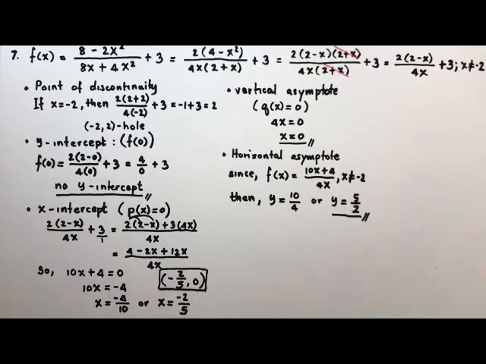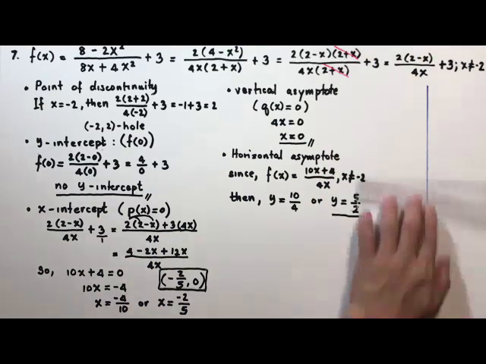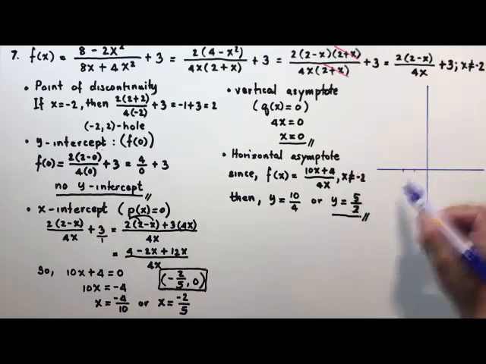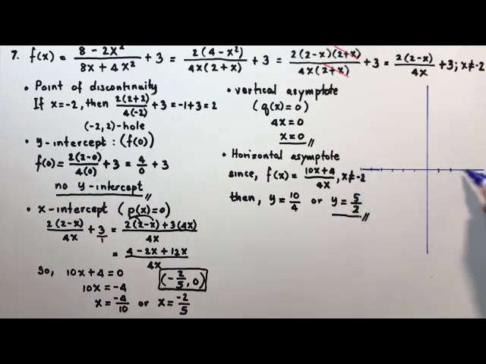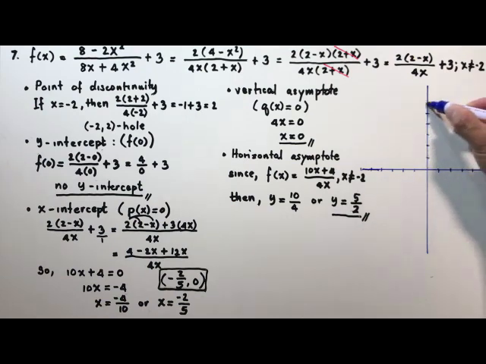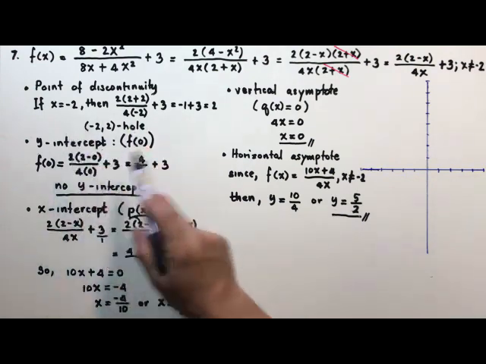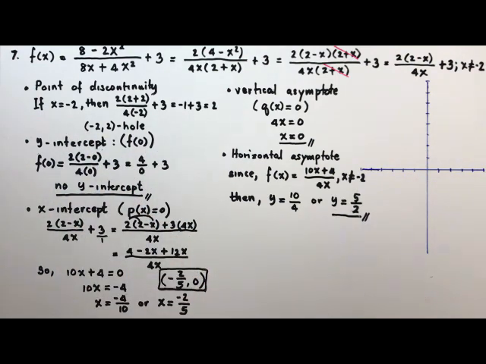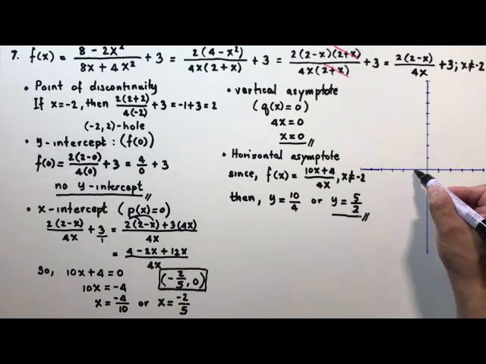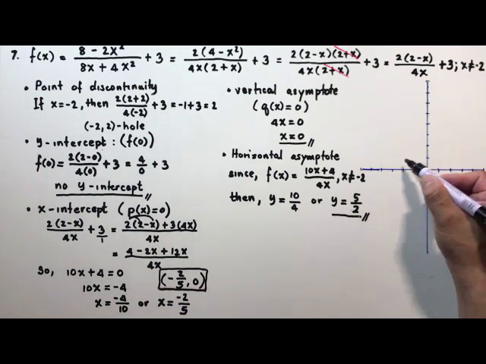So we can initially sketch the graph of our function here. Now we can plot the points of interest here, say the point of discontinuity at the point negative 2, 2.